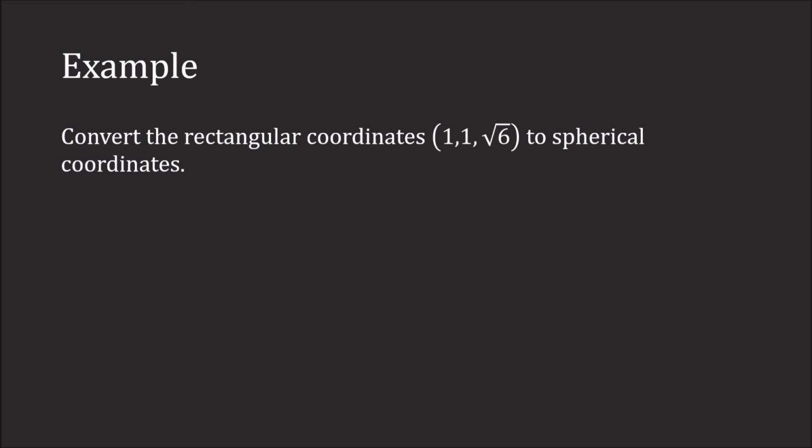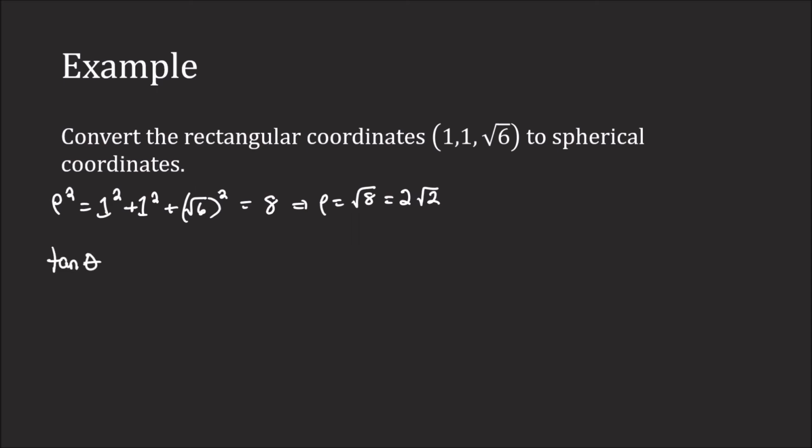Now let's go the other way. Convert rectangular point 1, 1, root 6 to spherical. So rho squared is x squared plus y squared plus z squared. So we have 1 plus 1 plus 6, which is 8. So rho is root 8, which is 2 root 2. Now, tangent of theta is y over x.